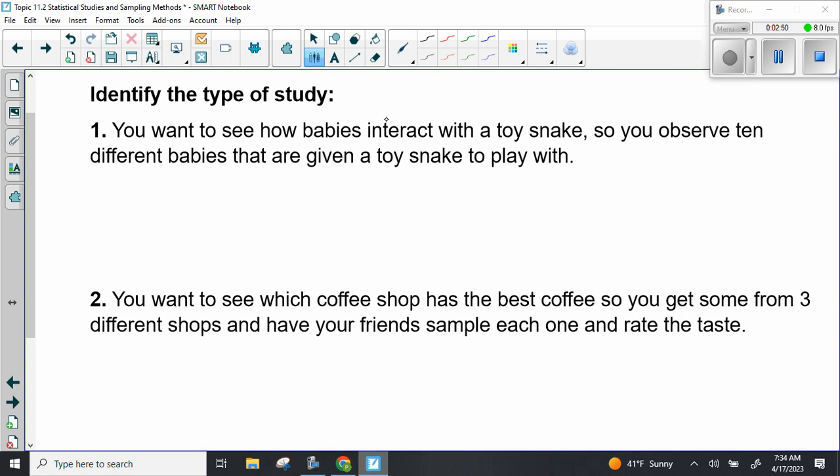Did they try a red snake and a black snake to see if babies reacted differently? No, they just gave babies a toy snake and observed their interactions. This is then an observational study.